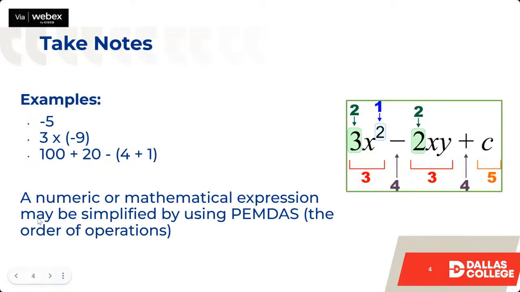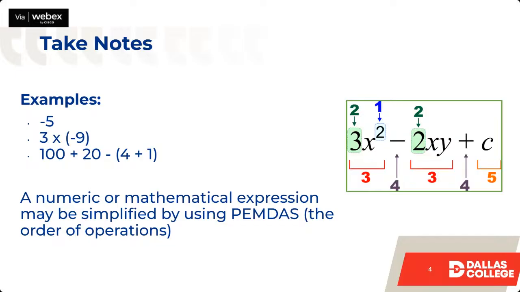So remember, a numeric or mathematical expression may be simplified by using PEMDAS, which is the order of operations. And everybody in here who's working towards that exam, we should have completed Module 1, where we learn about PEMDAS. Please excuse my dear Aunt Sally.